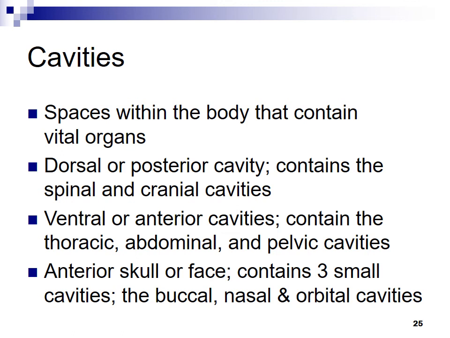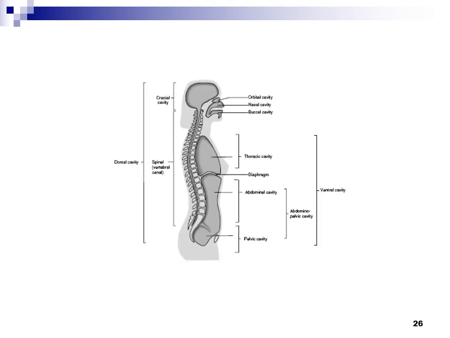So the buccal cavity, the nasal and orbital cavities, so that's where your eyes or your nose is going to be, in your mouth. So again, you can see these different cavities. And you are going to need to know where each of these cavities are and the main structures within those cavities.